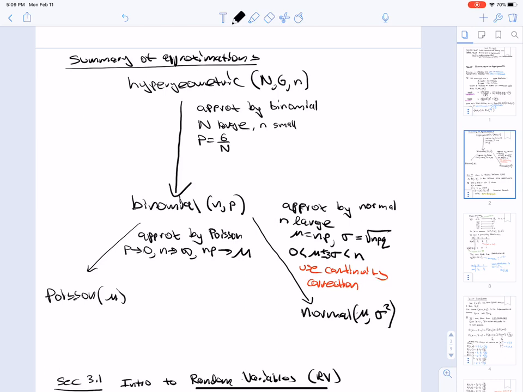If p goes to 0, n goes to infinity, and np goes to mu, we get a Poisson, and we get normal if mu plus or minus 3 sigma is between 0 and n, and here we're letting mu be np and sigma be square root of npq.